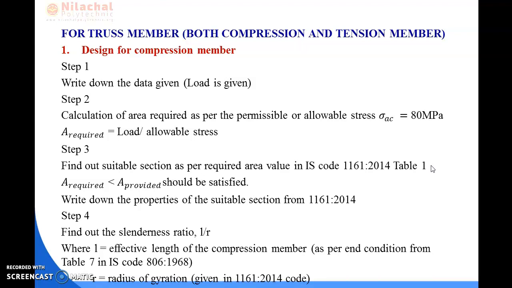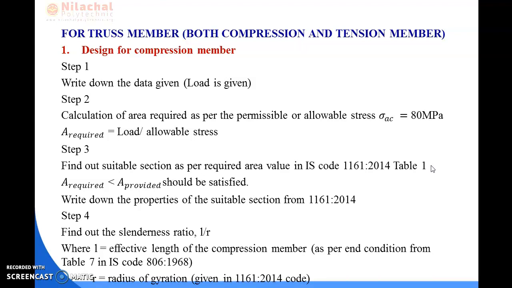Then step 2, calculation of area required as per the permissible or allowable stress, that is sigma AC, which is equal to 80 megapascal. Hence, we can determine the area required, whose formula is load divided by allowable stress or permissible stress.